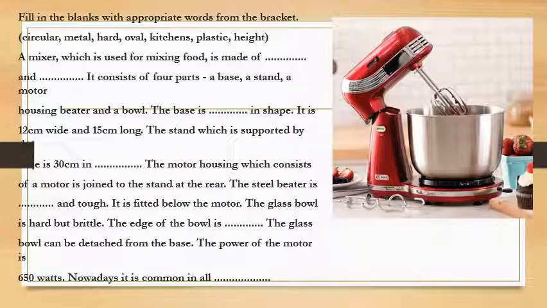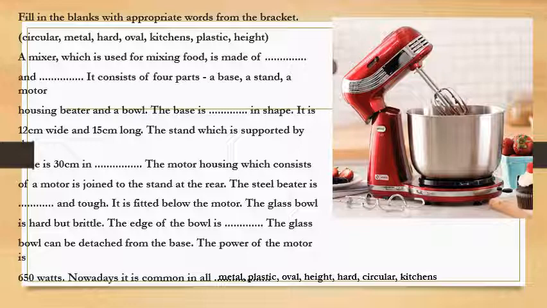So here's the answer. A mixer which is used for mixing food is made of, look at the mixer, metal and plastic. It consists of 4 parts: a base, a stand, a motor, and a bowl.